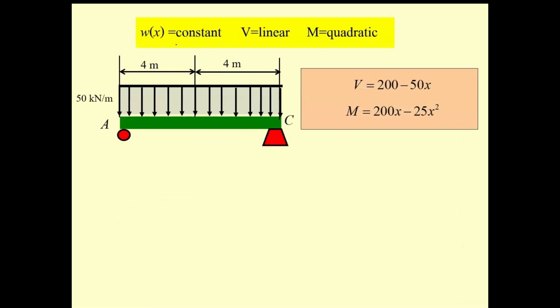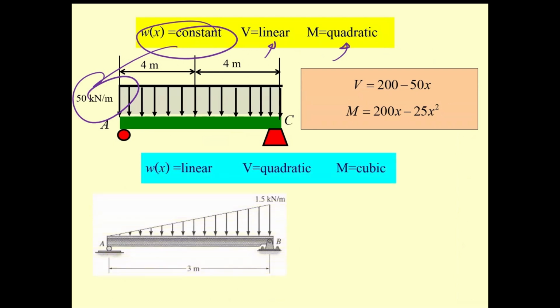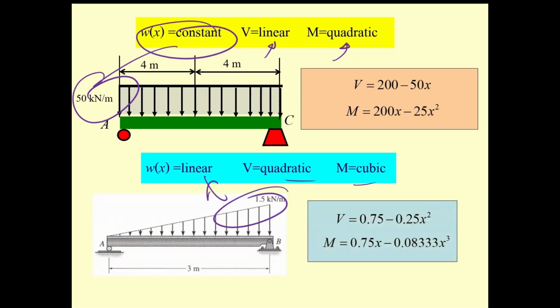Then for this one, W is constant, V is going to be linear, M going to be quadratic. Then for the triangle, W is going to be linear, shear quadratic, M is going to be cubic.